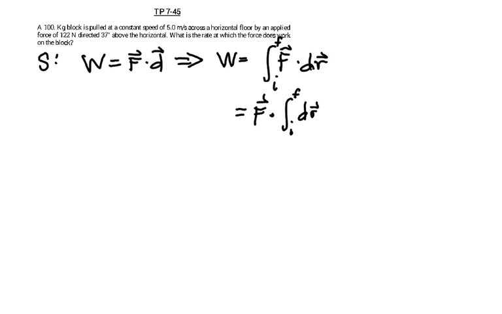Well, the integral of our differential element is just the element itself within the confines of our initial and final position. So we take this one step further, and we have F dot our position vector from the initial to the final position. Now, what do we call it when we start from one place and go to another place? We call that displacement.